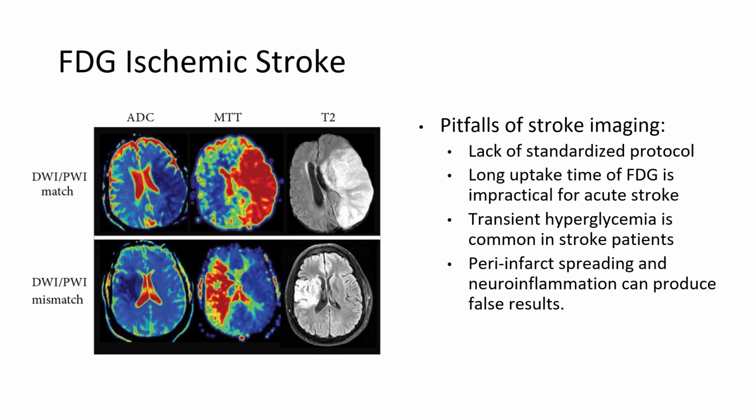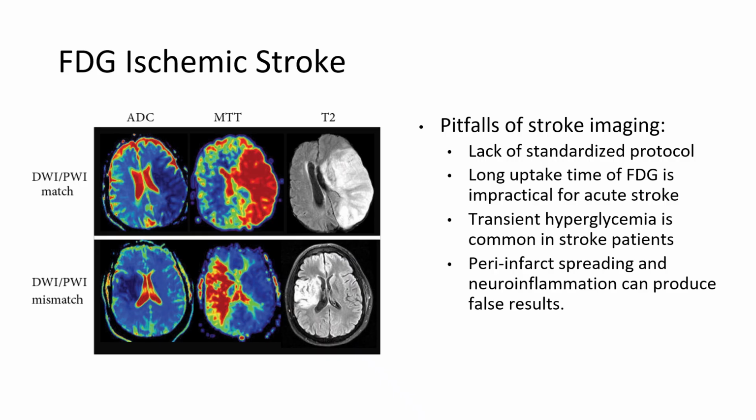Another is the long uptake time for FDG. It's not good for an acute stroke. And I mean, think about it. They have CTs with stroke protocols that the patient can be done in 5 to 10 minutes. But with FDG, the patient who's suspected as having an acute stroke would have to sit for 30 minutes in a quiet, dimly lit room, then be injected, then sit for another 60, and then be scanned for 20 if you're doing 2D imaging.